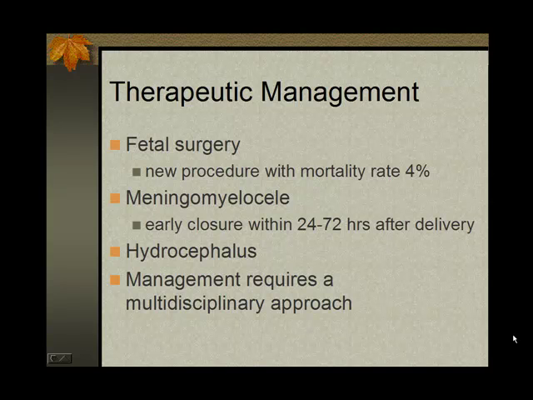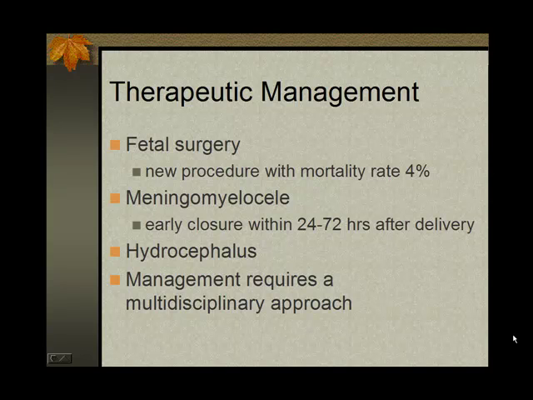So therapeutic management. There is something new, trying to do surgery on the fetus. It's fairly new, and I don't know that it's readily available in our area on meningomyelocele. Early closure is the normal treatment, and your book says it should be done within 24 to 72 hours, and there's even a shift going on where it's more like 12 to 36 hours or something like that.